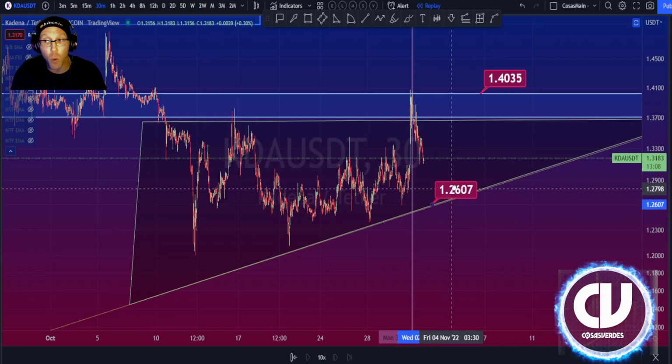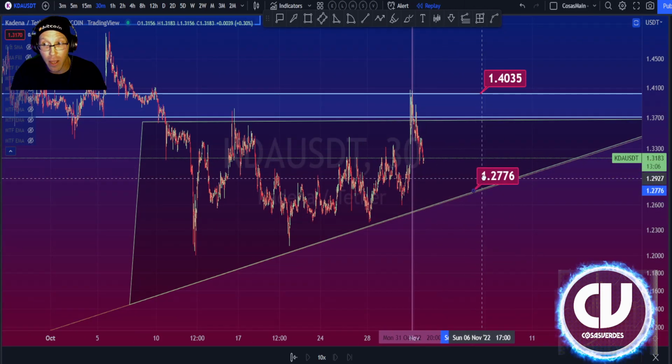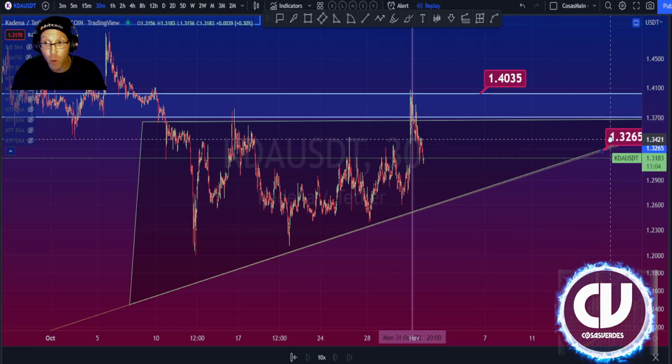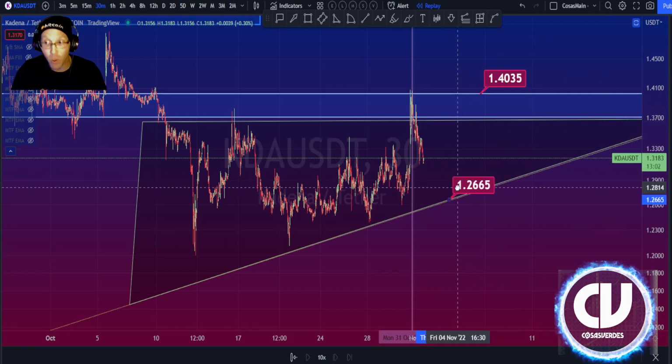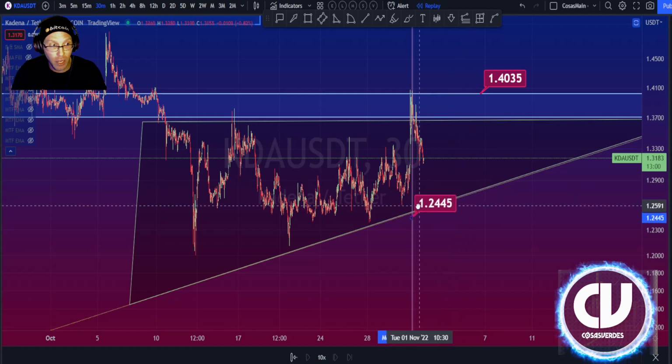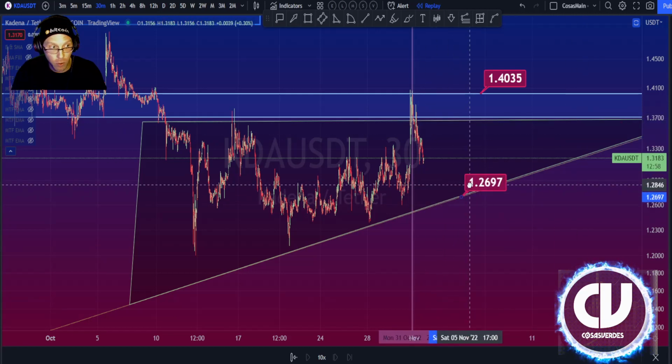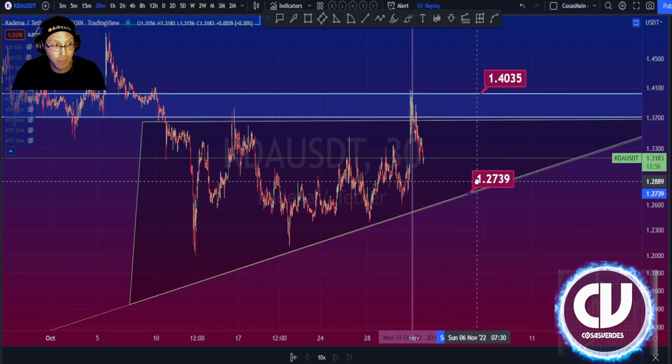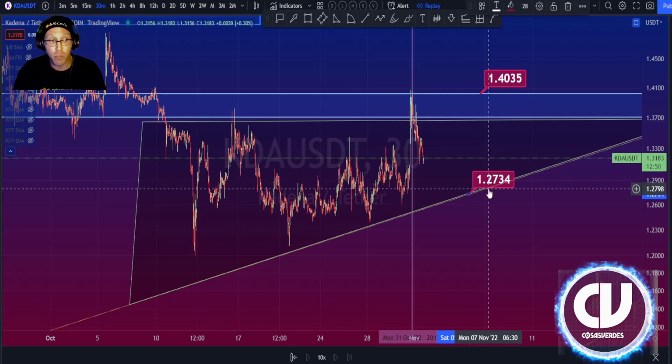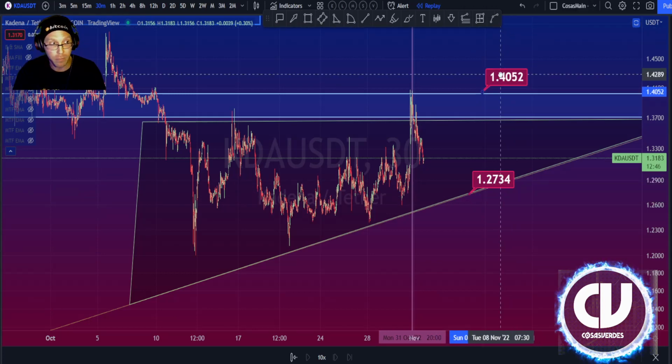I can't give you one price level, because see how it changes? It's an origin line, it's slanted up, so you need to draw the line. It's not one level. The volatility will expand once it goes past either this origin line being used as support or $1.40.